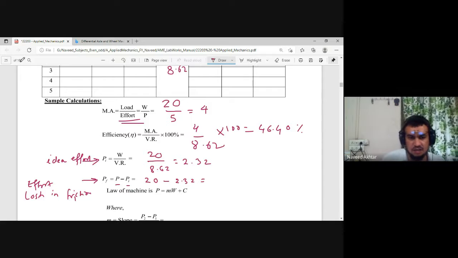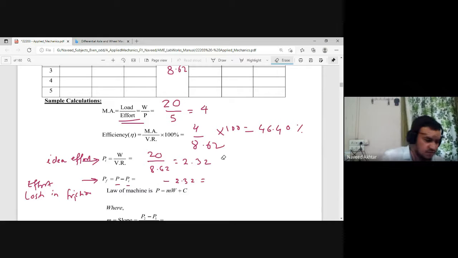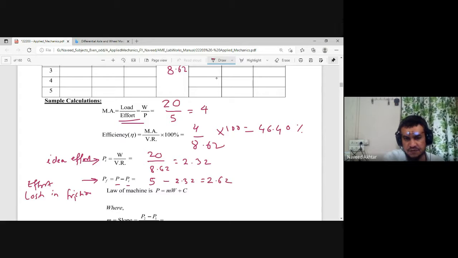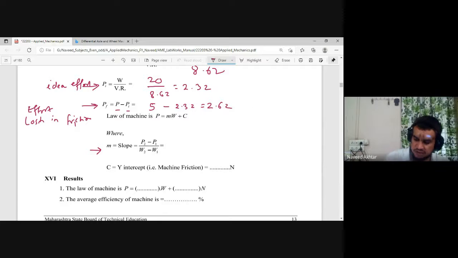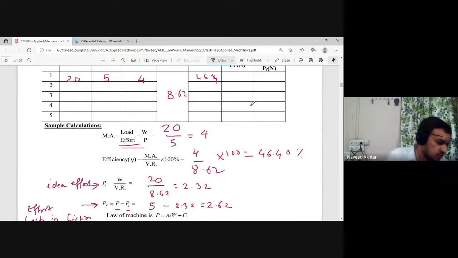Sorry, P is 5, not 20. The effort is 5, load is 20. So we will write here 5 minus 2.32. It will be the effort lost in friction, that is 2.68. Okay. Now the law of machine you can easily find out. Here we need the slope. Slope is nothing but P2 minus P1 upon W2 minus W1. So we need another reading also for 30 Newton.